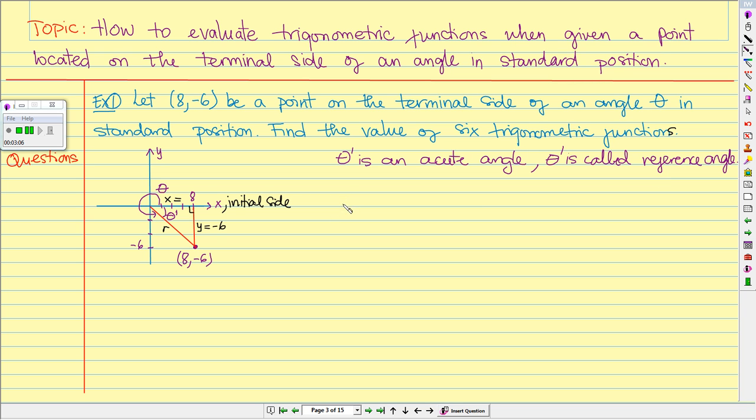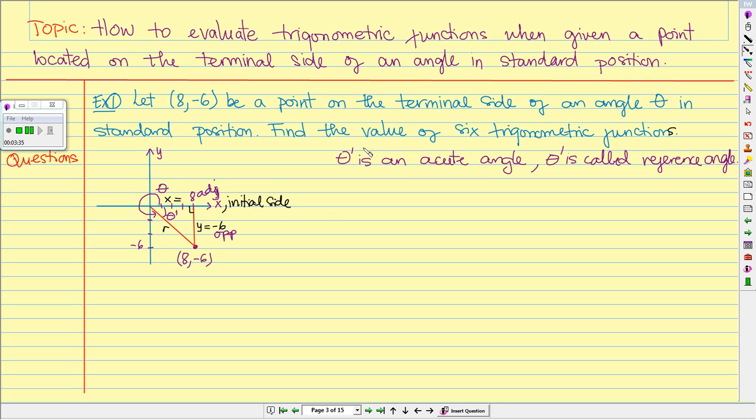Okay, so now in this triangle, we know the opposite side with respect to the reference angle, y equals -6. We know the adjacent side, so I'm going to label this as opposite, and this is adjacent.